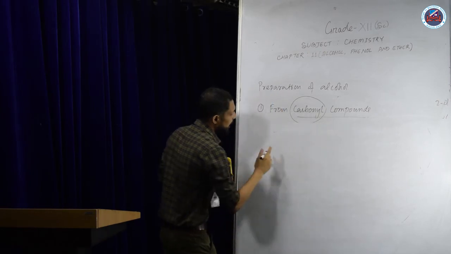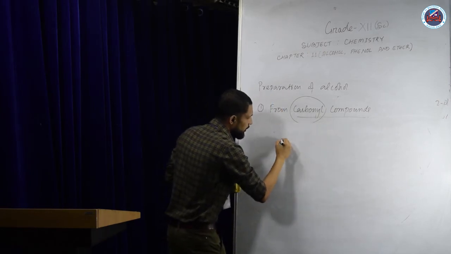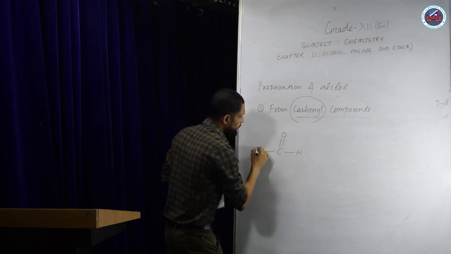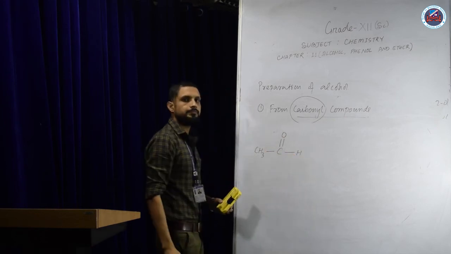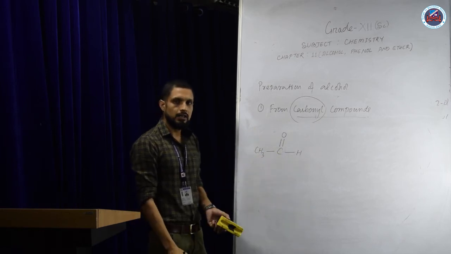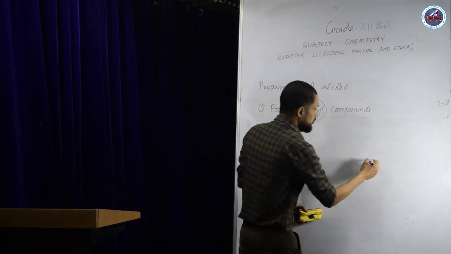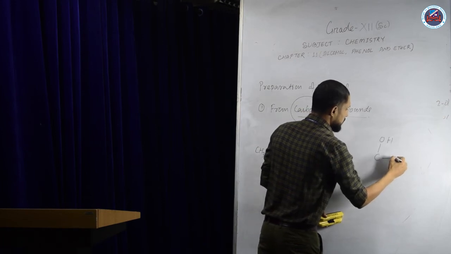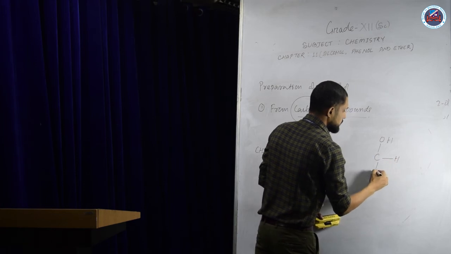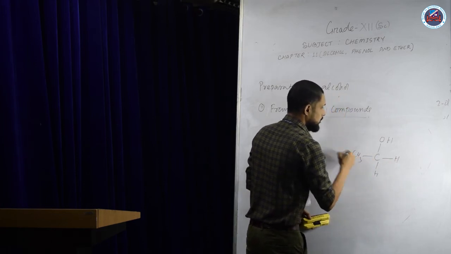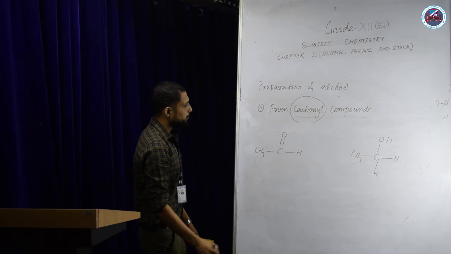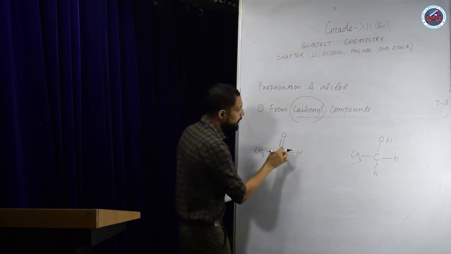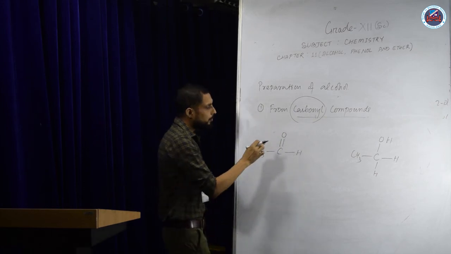Now, say you have this carbonyl group, C double bond O, H, CH3. Say this is an aldehyde, and you need to form alcohol from here. You can see there will be a cleavage, meaning breaking of the CO bond.